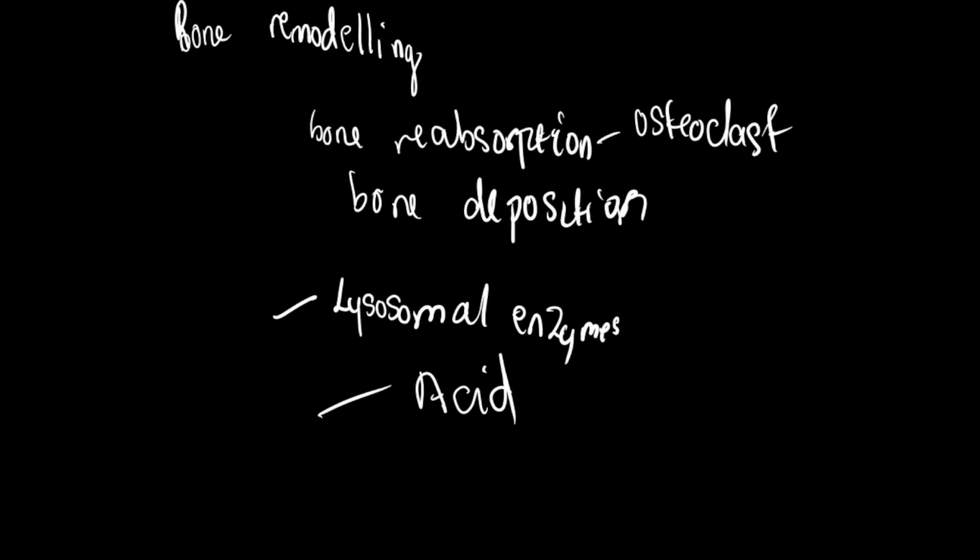The lysosomal enzymes help to digest the organic matrix, the organic part of the bone, while the acidic secretion of the osteoclast helps to break down the inorganic component, the mineral salts, the inorganic hydroxyapatite. Of course, these minerals are released and transported to the bloodstream.